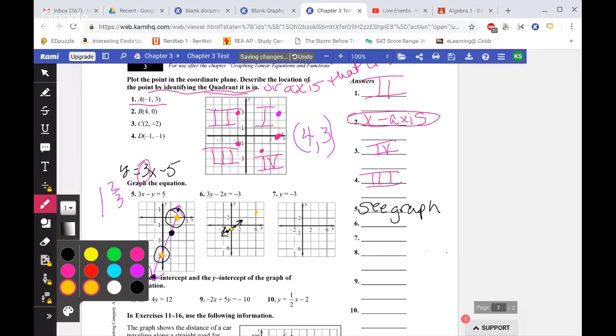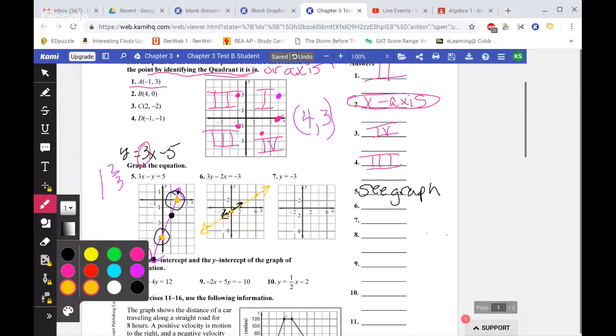And then down 2, 1, 2, and left 3, 1, 2, 3. So they're still on top of each other, but wow. That was quite a challenge.